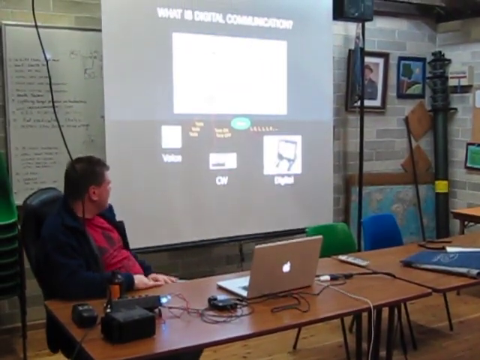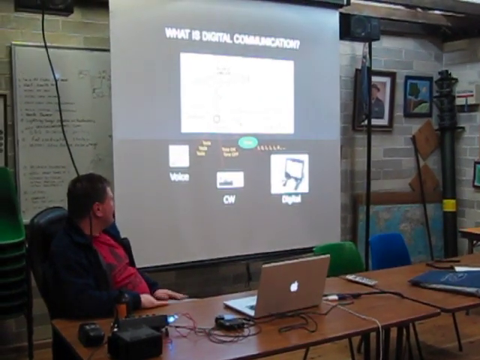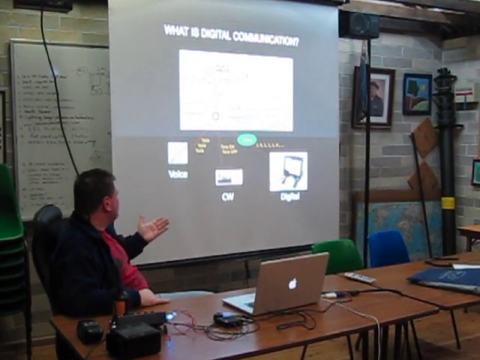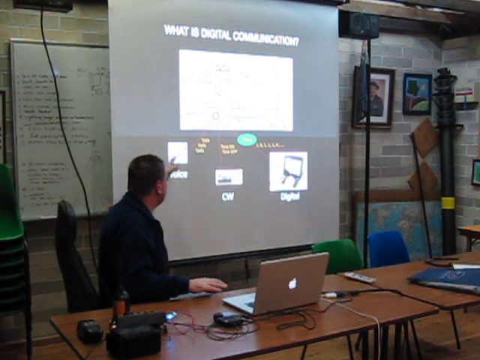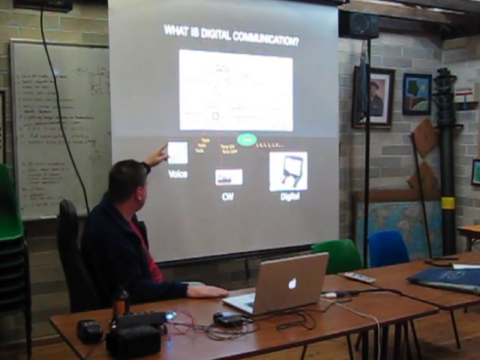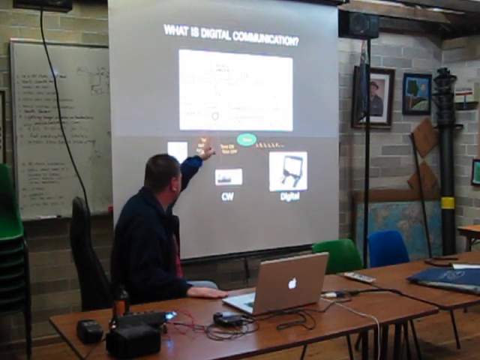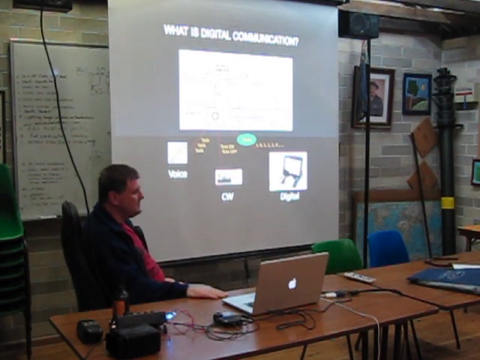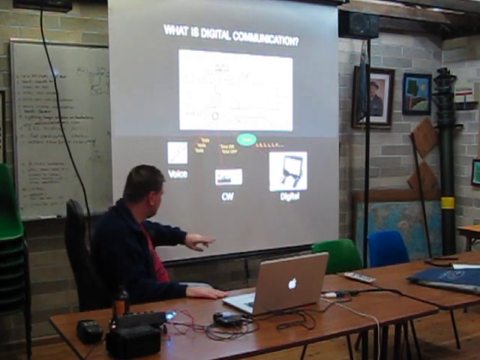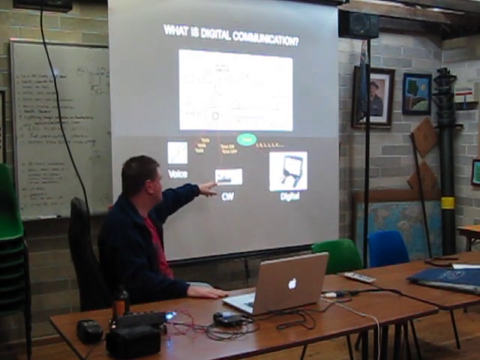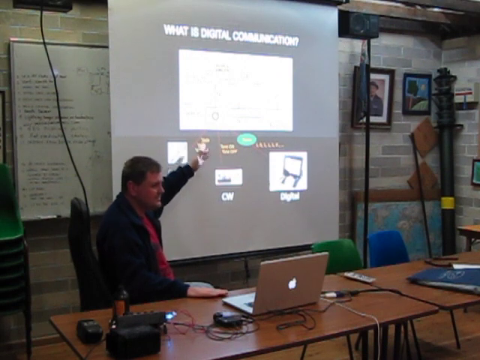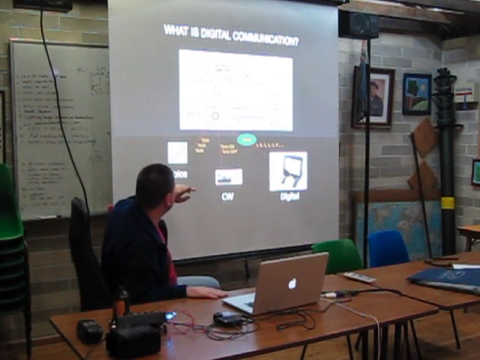So, digital communication. First of all, communication in general: we normally have some sort of transmitter here. In the old days we used to key the transmitter on and off with CW. In modern transmitters we tend to generate an audio tone within the transmitter that then gets modulated.